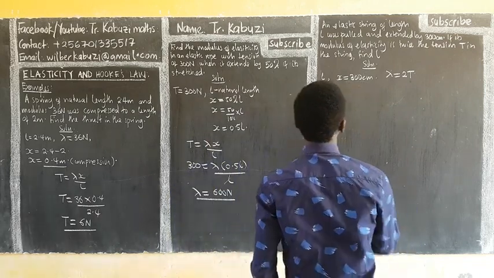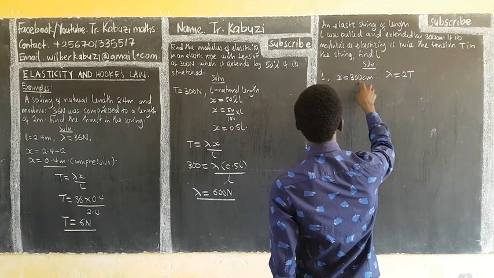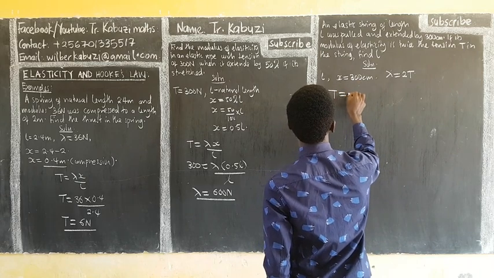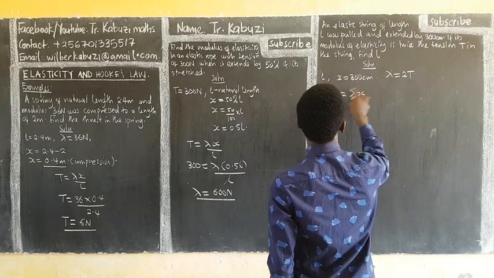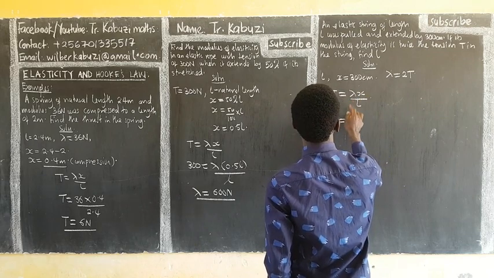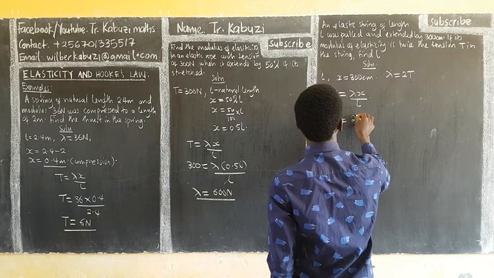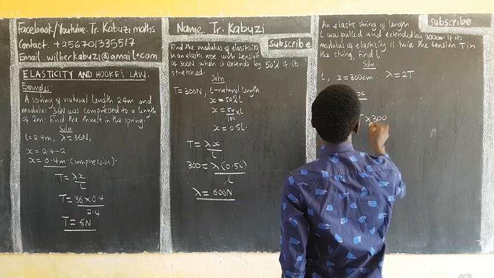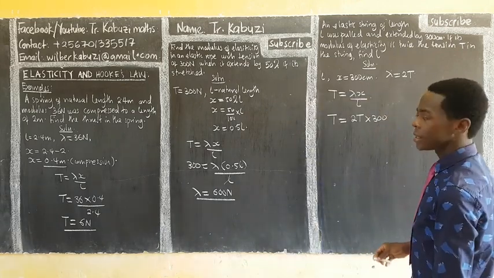Okay, now let us see. This is the extension. So from my T equals lambda x over L, this lambda is twice T, and the extension is 300 centimeters, which we can convert to meters.